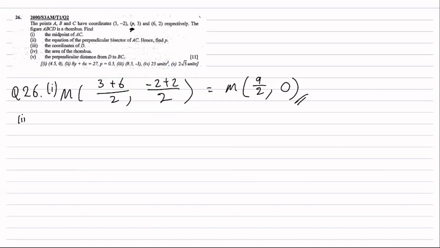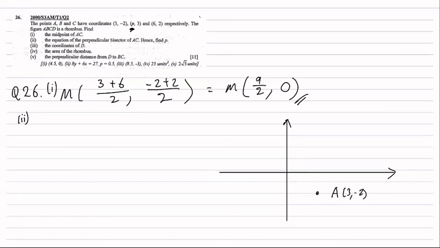Yep. Okay, part 2. Equation of the perpendicular bisector of AC. We found the midpoint. Maybe I should draw a sketch. I think it's easier, and later we need to use vectors to solve. Okay, let's see. 3, -2 is somewhere here. I'll just call this point A. Point B, we don't know.